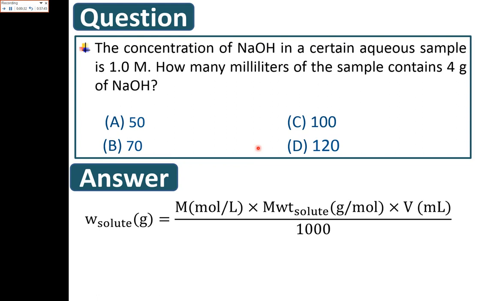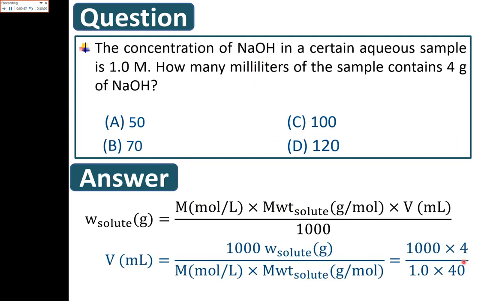And it is asking now about the volume, the V in milliliters. So this is the mass of the sample, which is 4 grams. This is the molarity, which is 1 molar. The molar mass can be calculated for sodium hydroxide, which is 40. So now the volume will be 100 mL. So the answer will be number C.